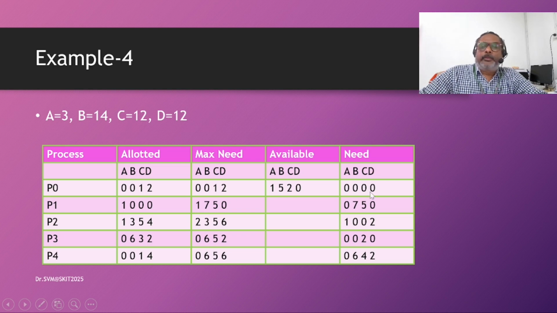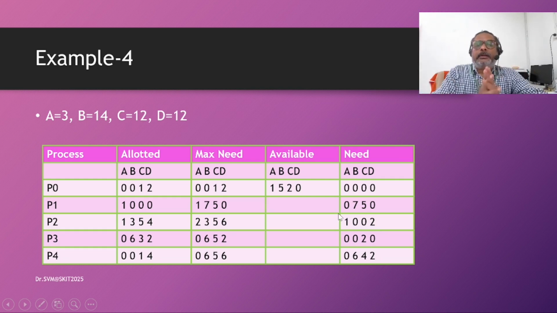So process P0 has got all whatever it wanted, so nothing is required. Process P1 requires 7, 5 of B and C respectively, and P2 requires 1 and 2 instances of A and D respectively, and so on.